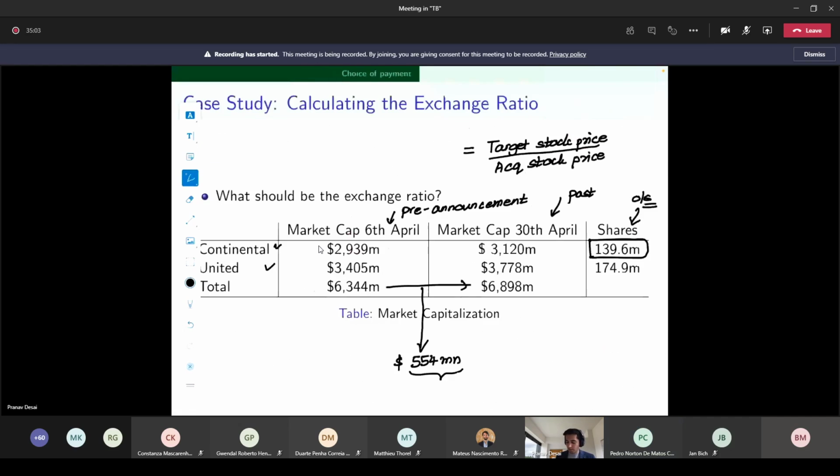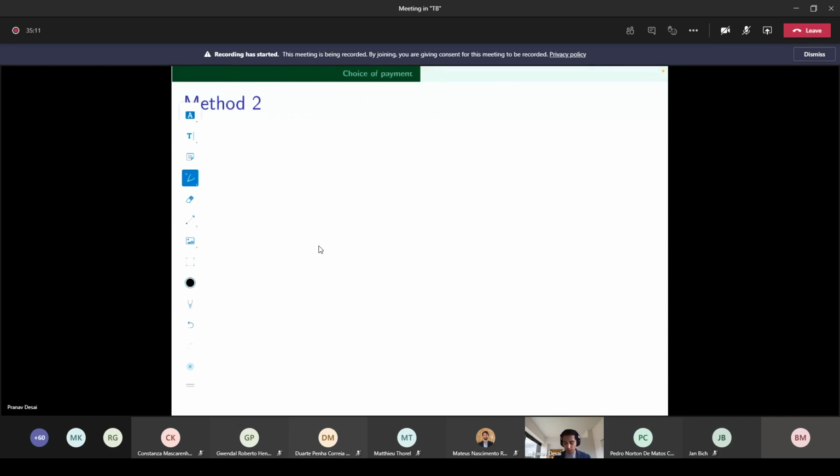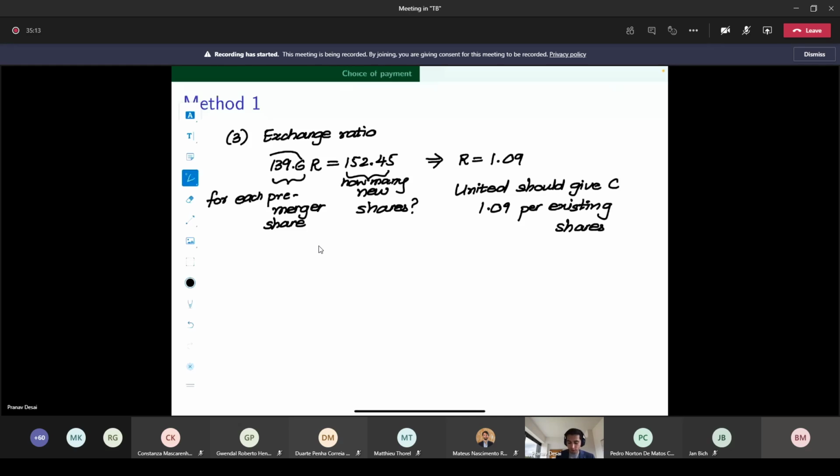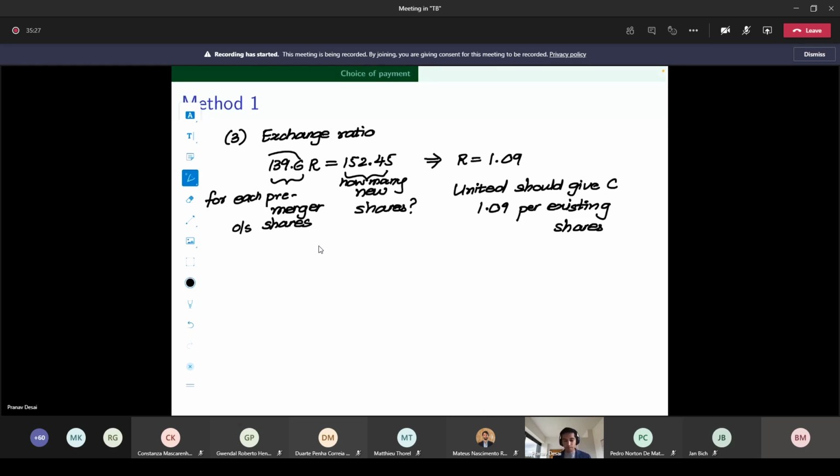These are something that we already know from the data of the company, and essentially what we are trying to figure out in this particular equation is, for the pre-merger existing outstanding shares, how many new shares should be issued. Does that answer your question? Okay.